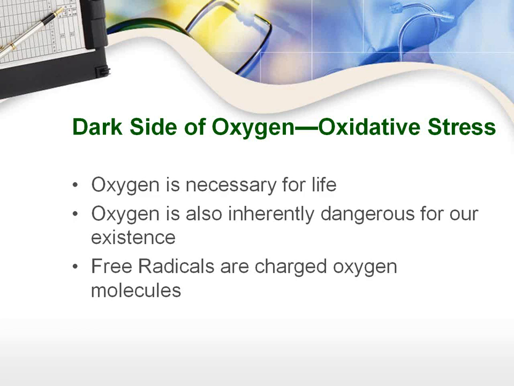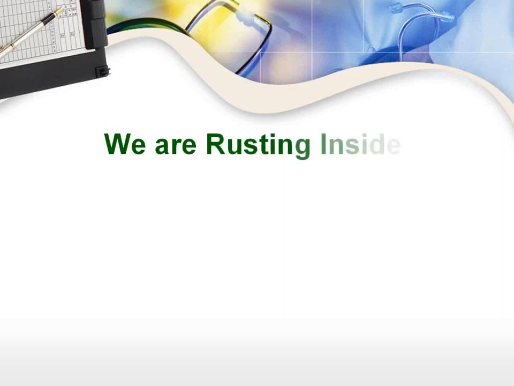It has an electrical charge because in its outer orbit it has at least one unpaired electron, which gives it very rapid movement. And if it's not readily neutralized by an antioxidant, it can go on to damage the cell wall, vessel wall, fats, proteins, and even the DNA nucleus of the cell. So what is happening is we're actually rusting inside.